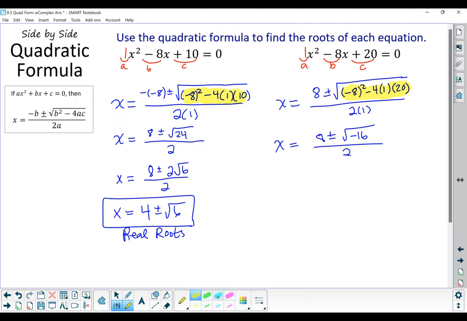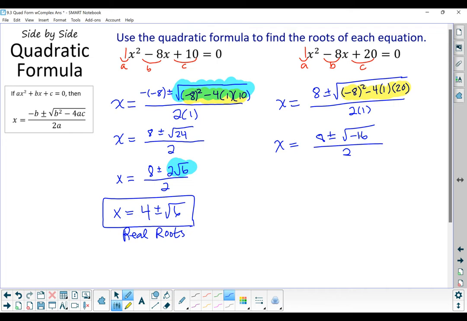So just be really careful with what you're doing in your calculator. On the previous one, it probably would have been okay if you typed the root in and your calculator would have taken you straight to the 2 root 6. But on this one, if you type the root in, you're going to get a domain error. If you get a domain error, don't panic. Just type in the expression without the root because your calculator can't simplify complex roots, but you can.